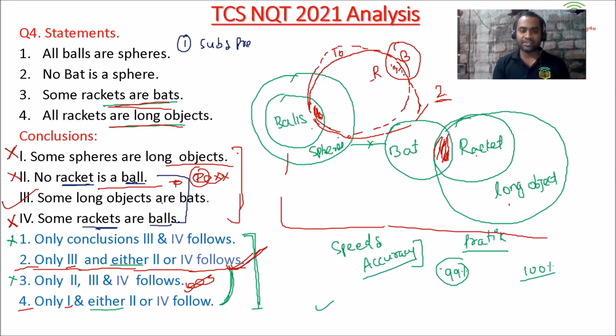So the either-or condition will come into the picture between 2 and 4. Second thing, both should be false. So you see, the second one is also false and the fourth one is also false. Third, one conclusion should be positive and one should be negative. So this is positive, some rackets are balls. And this is no, which means negative. So all three are satisfied. So this is an either-or case. So only 3 and either 2 or 4 follows.